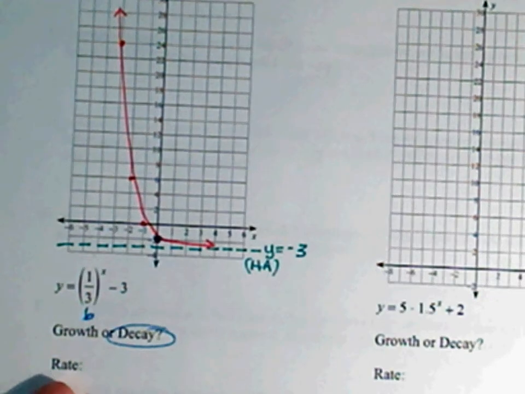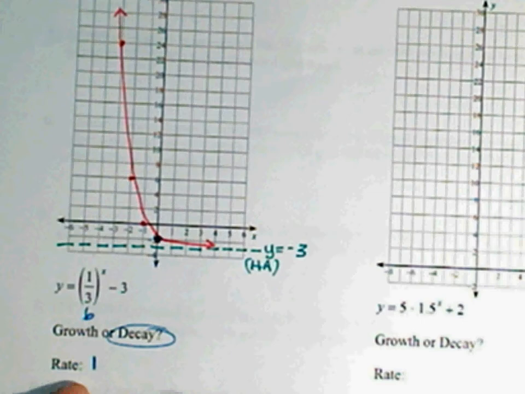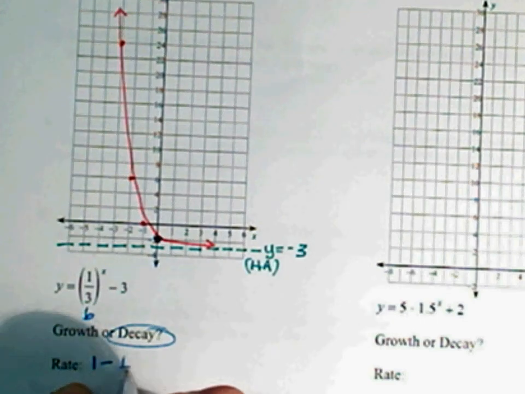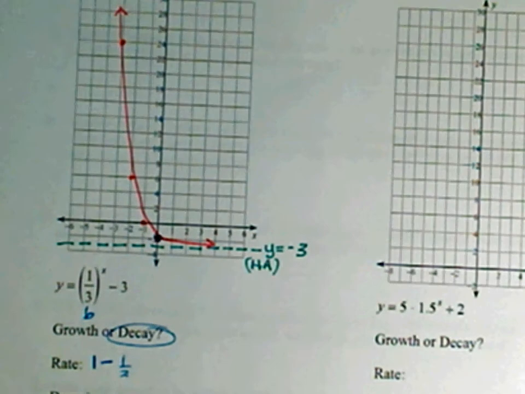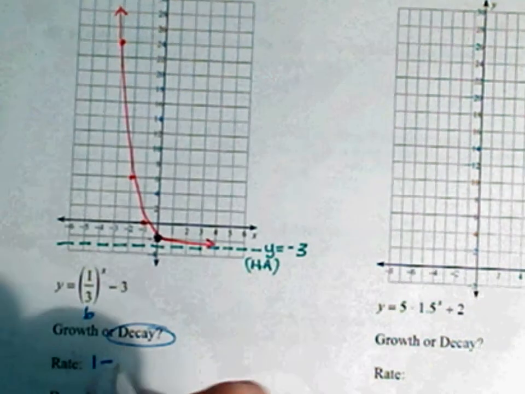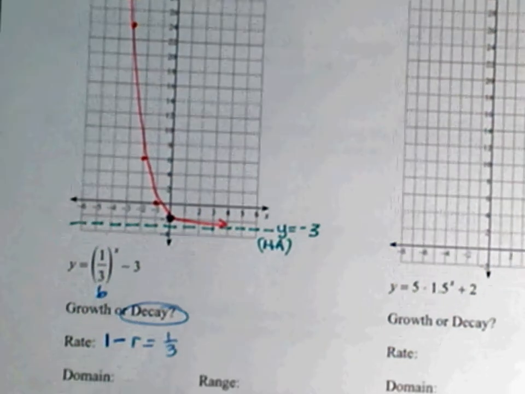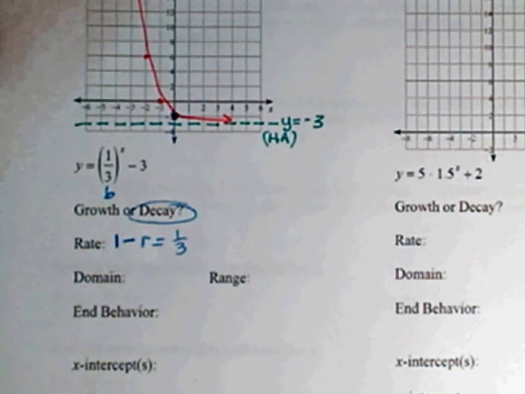What is your rate? Well, your rate is always 1, since this is a decay, minus R, is equal to 1/3, okay? Now you can always solve for it.